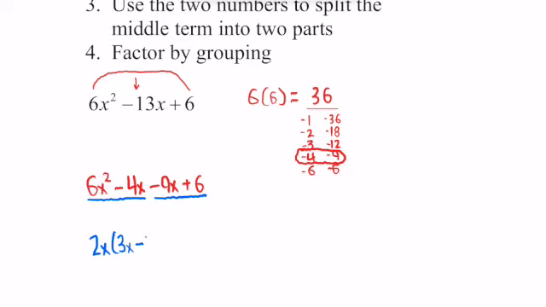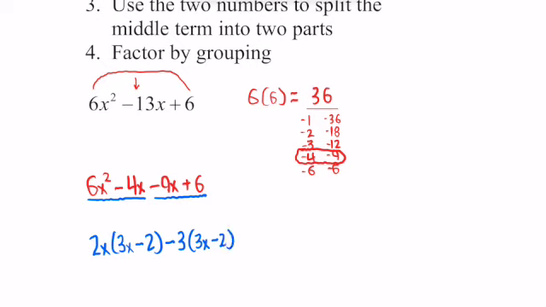When we factor out a 2x, we'd be left with a minus 2. Our next group starts with a minus, so we'll factor out something negative. From 9x and 6, we can factor out a 3. Negative 9x, when we factor out a negative 3, we'd be left with 3x. From 6, when we factor out a negative 3, we'd be left with a negative 2.